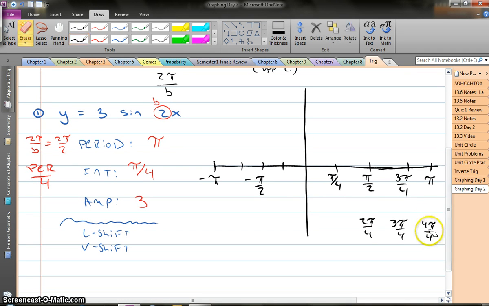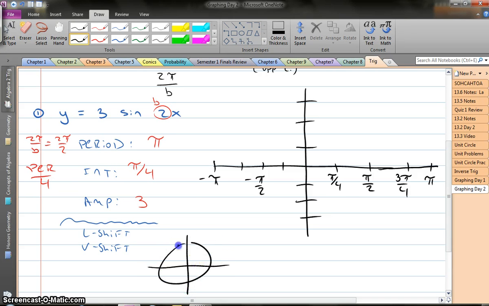Now I'm going to erase these down here to get them out of our way, now that we understand where it came from. My amplitude is 3, so I'm going to go up 3 and down 3. We're still focused on the unit circle. Our idea hasn't changed. We still have 1, 0, 0, 1, negative 1, 0, and 0, negative 1.